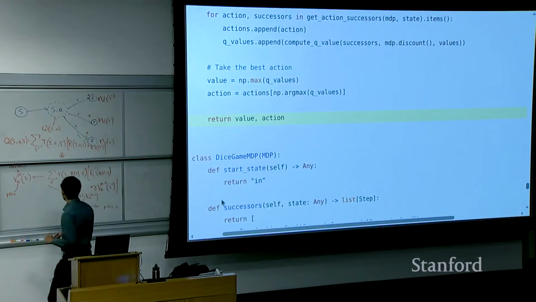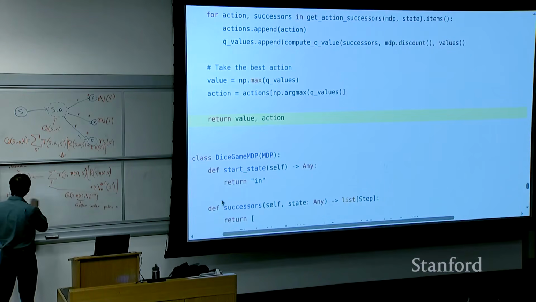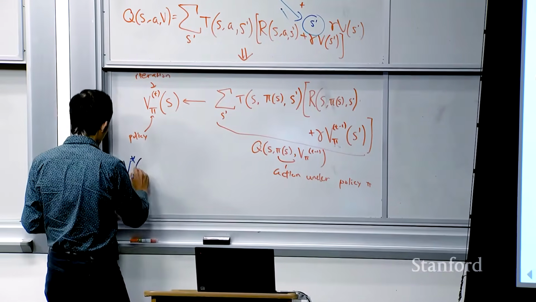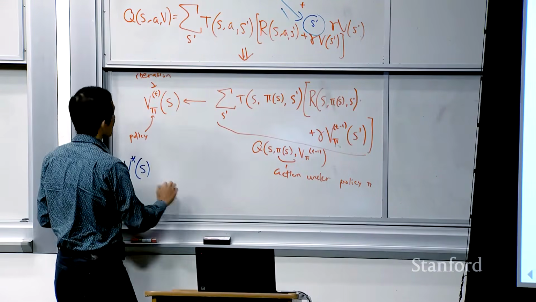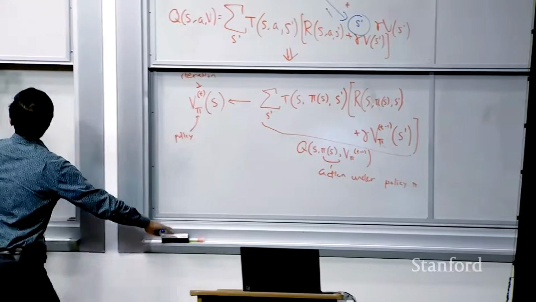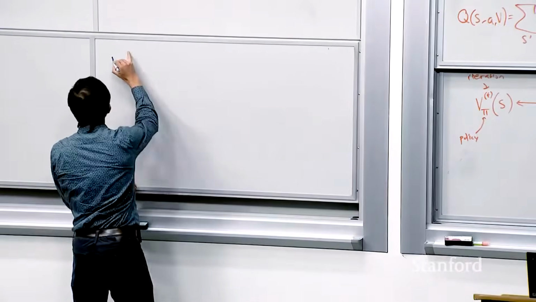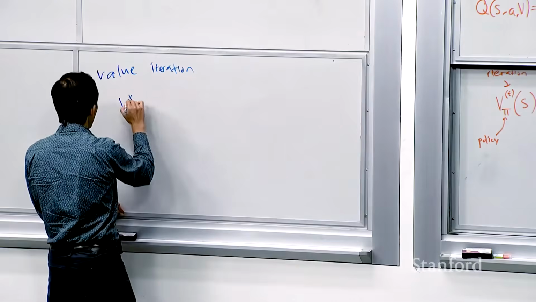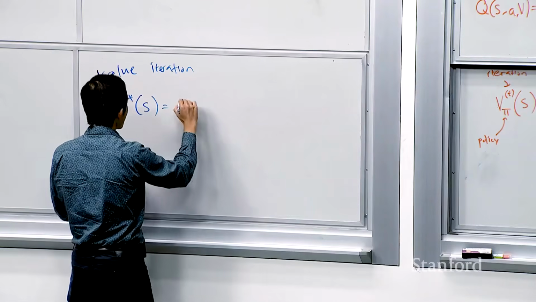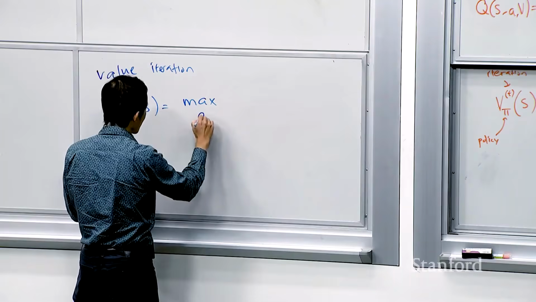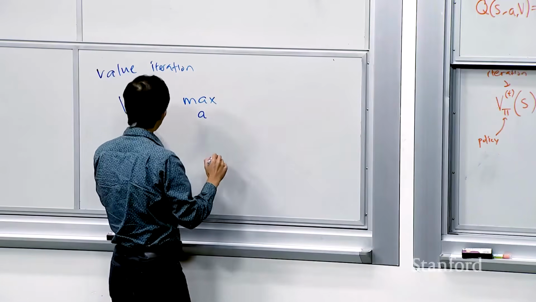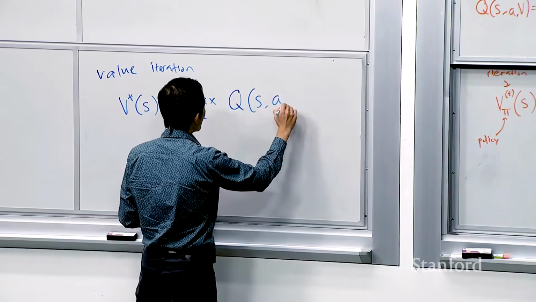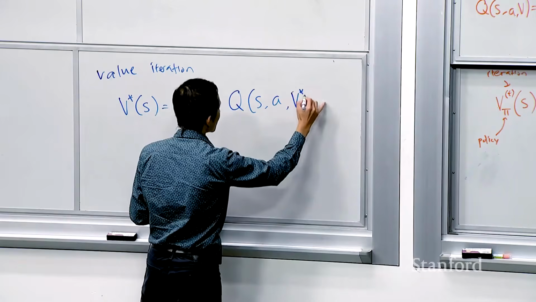Okay? So just to write this on the board here, this is value iteration. V star of S is going to be the max over all possible actions that are valid in S, of Q of S, A, and then V star.